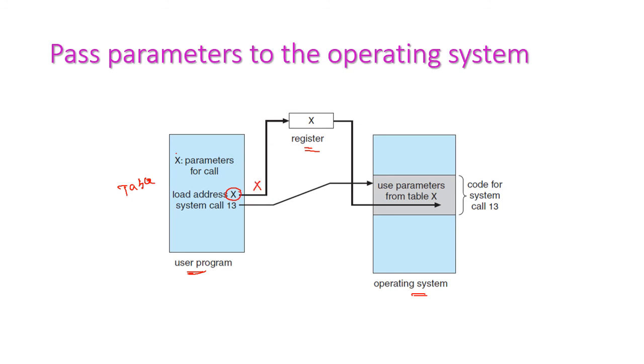X is nothing but the address of the parameter table, and this address will be stored in the register, which will be used by the operating system. Then all the data stored in this table will be accessed by the operating system, that is, use parameters from table x. X is nothing but the address of the parameter table.